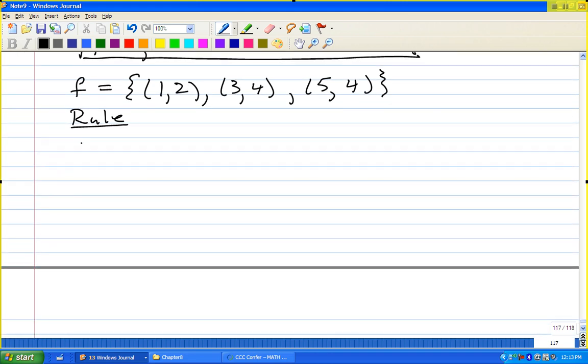And so, suppose I have some set here and some set here. And this is some x, and this is some y.